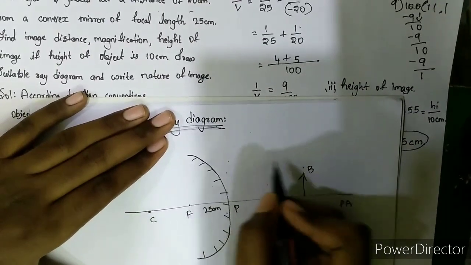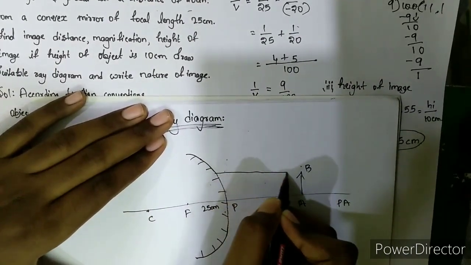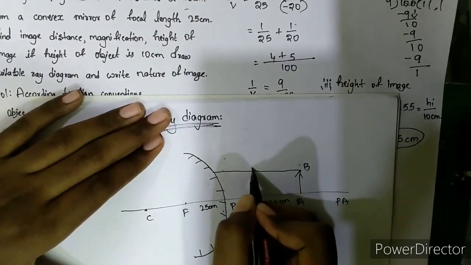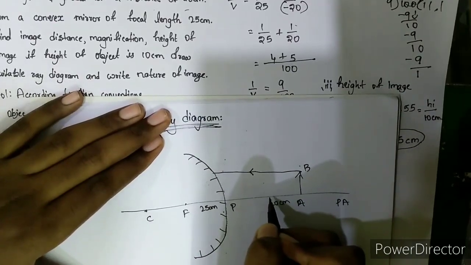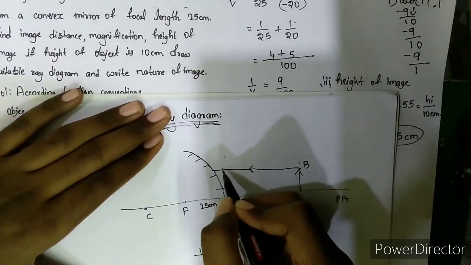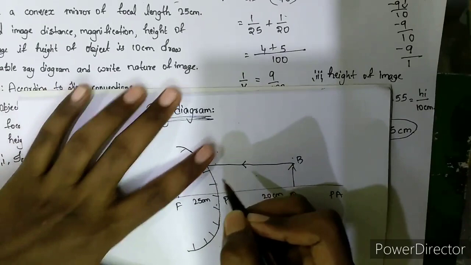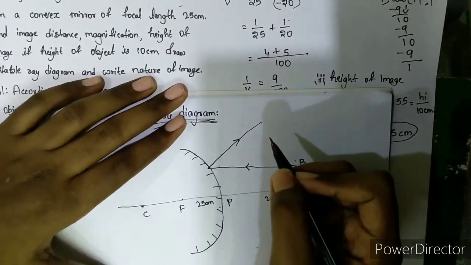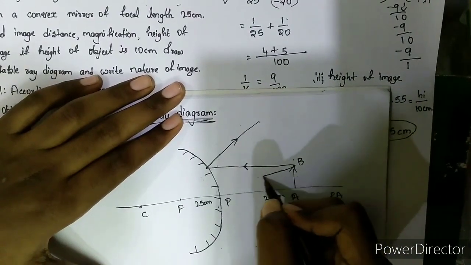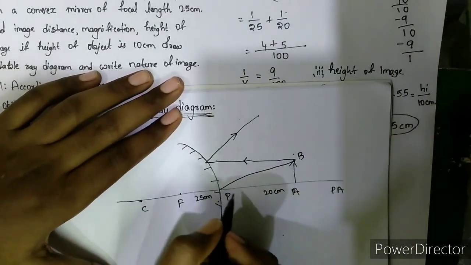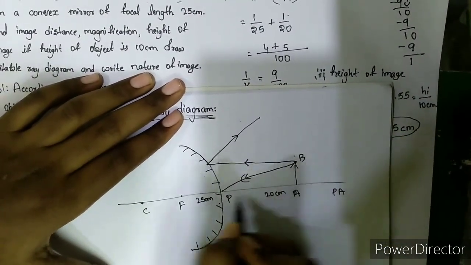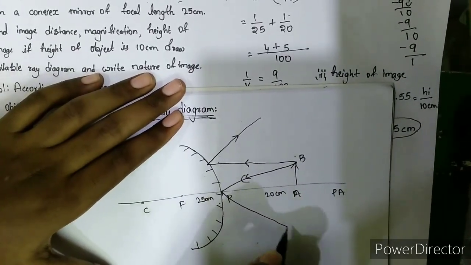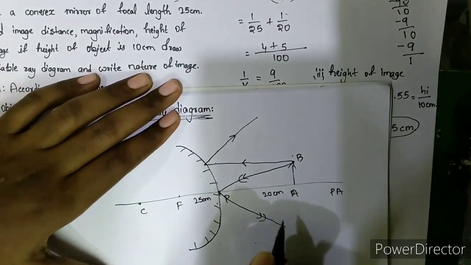Now the first incident ray hits the convex mirror, and the incident ray is parallel to the principal axis. The reflected ray moves in this path. Coming to the second incident ray, it hits the pole directly and reflects back in this path. These are the two incident rays.